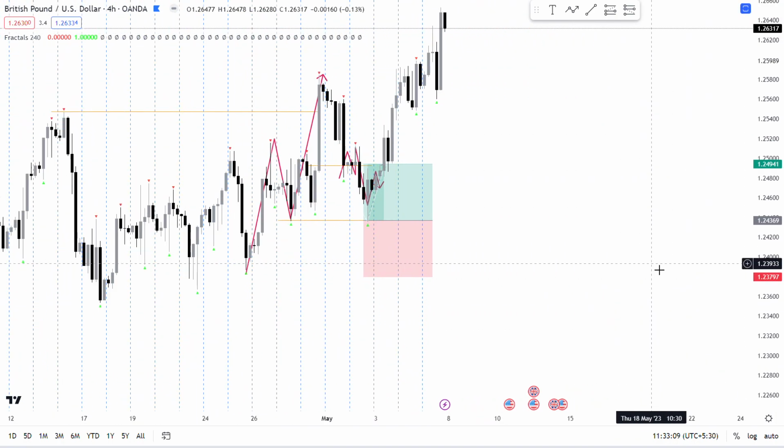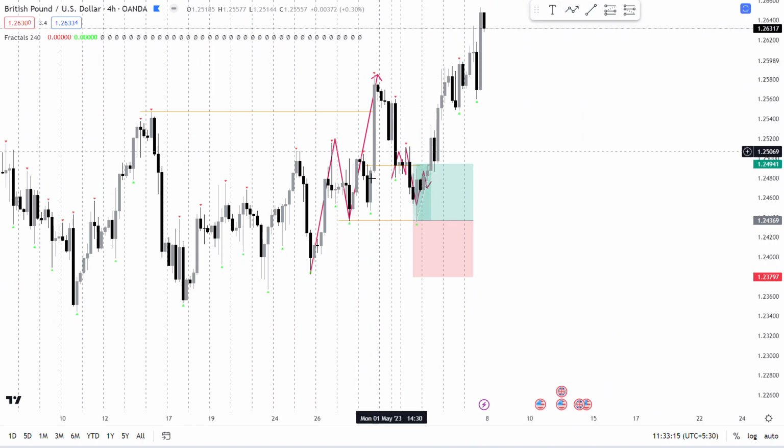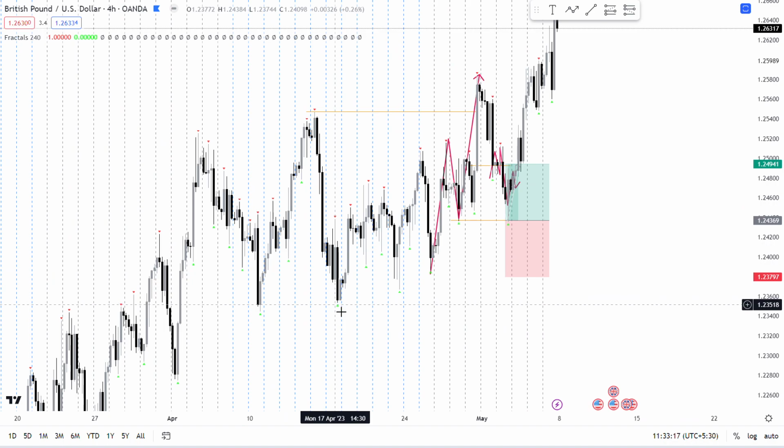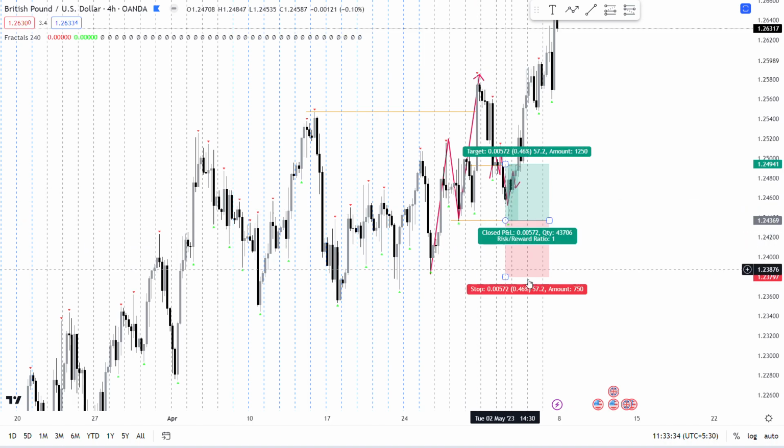Also, in this scenario, we are using both the smart money and the liquidity concepts. I will show you. When you draw the Fib from this level to this level, this liquidity point is below 50%. Now the structure is saying we are below 50%, it's a good time to buy, and the liquidity is also saying the previous day sectional liquidity is taken and it's a good time to buy.